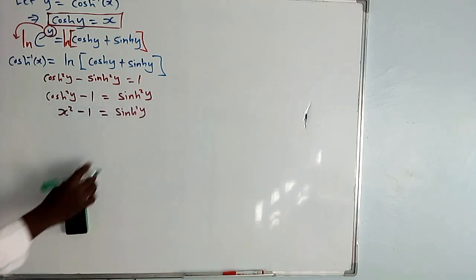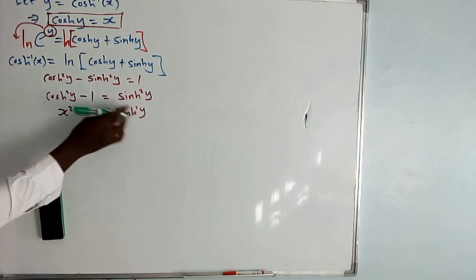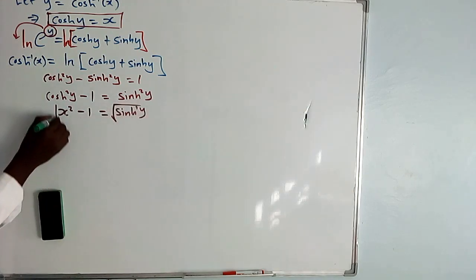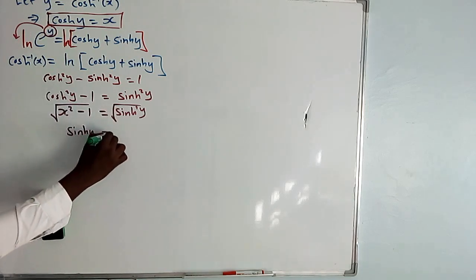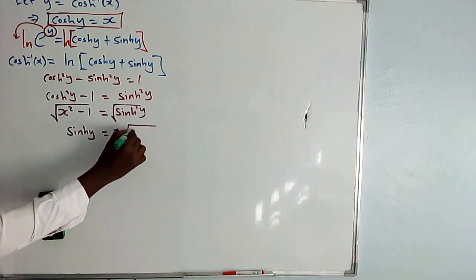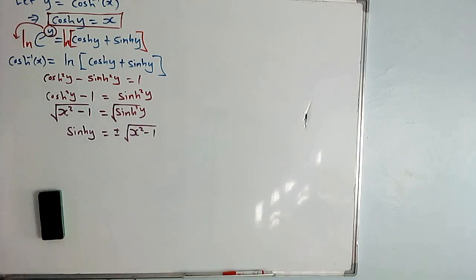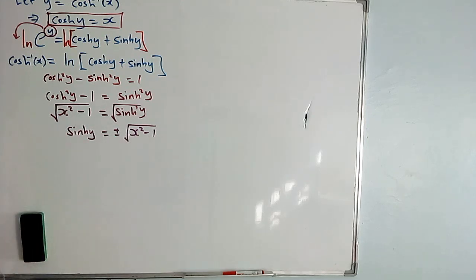From there you find the square root on both sides to get sinh y. So sinh y is plus or minus the square root of x squared minus 1, isn't it?